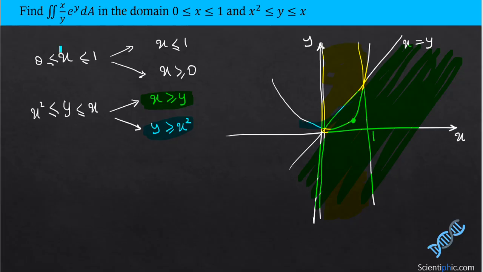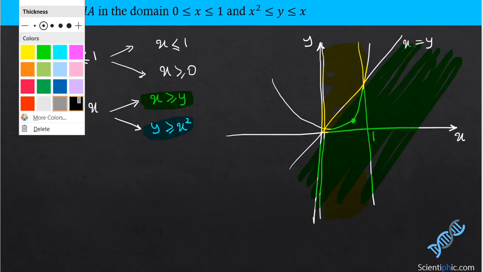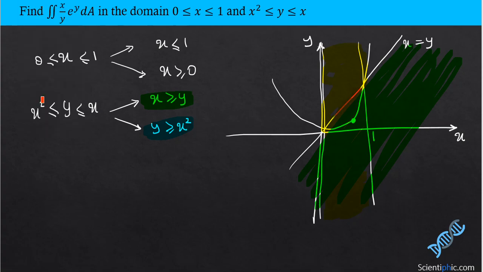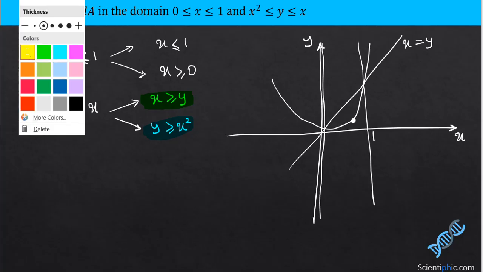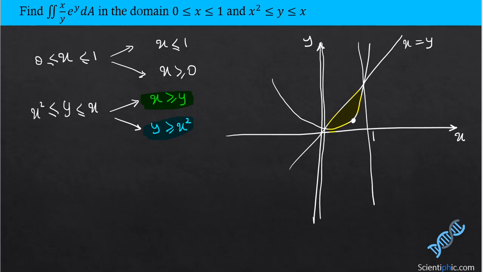That one is going to be this region here, the yellow part. Okay, so what is the common region that all these inequalities hold true? The only region for which all these inequalities hold true is the region here. Now we have to solve this integral for this region.